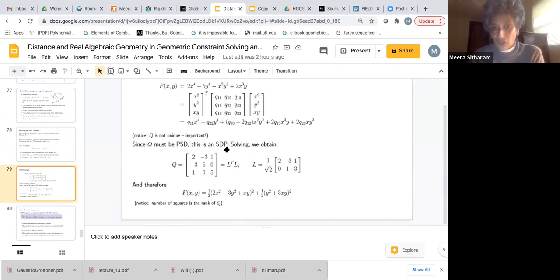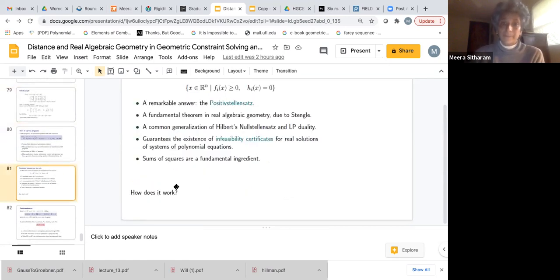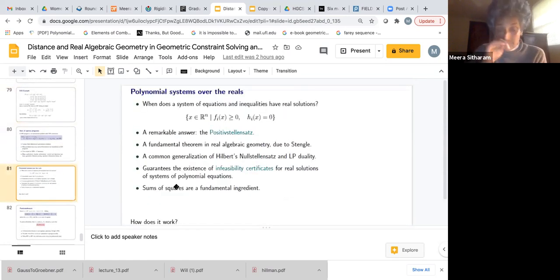In order to solve for it, you solve the semi-definite program that requires that this has non-negative eigenvalues, or singular values, if you will. Then you just find L using SDP, and that gives you the actual expansion of F as a sum of squares polynomial.